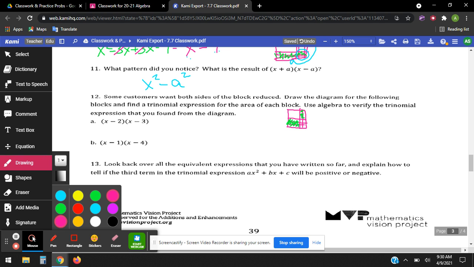Okay, so when we do this algebraically, we've got x squared minus 3x minus 2x, and then negative 2 times negative 3 is plus 6, which equals x squared, negative 3 minus 2, negative 5x plus 6.